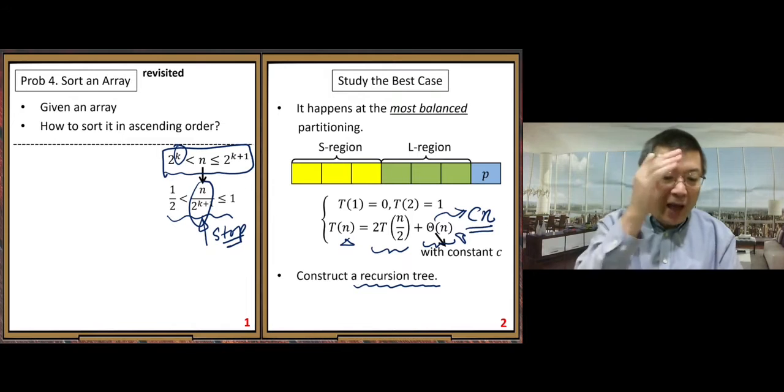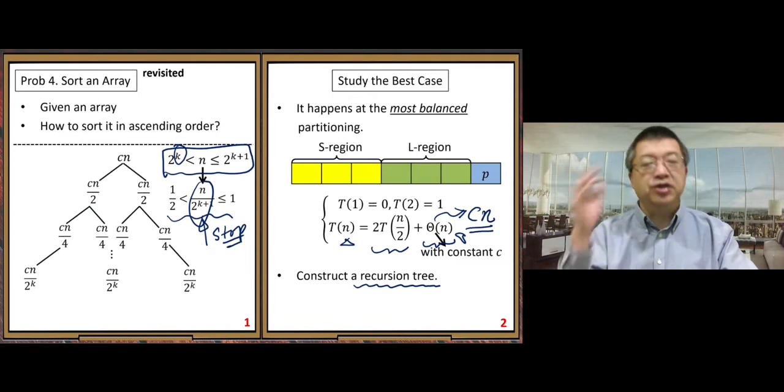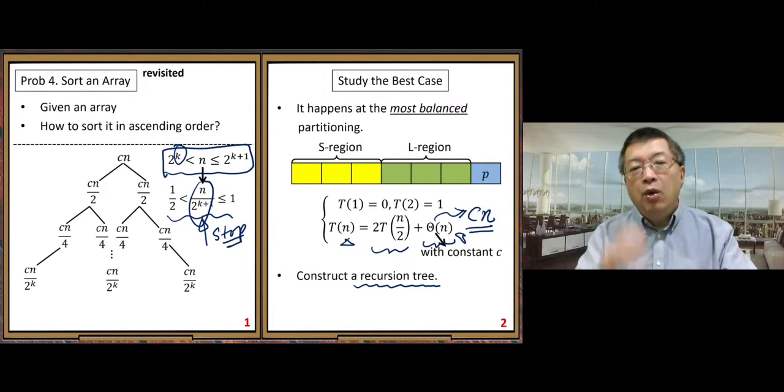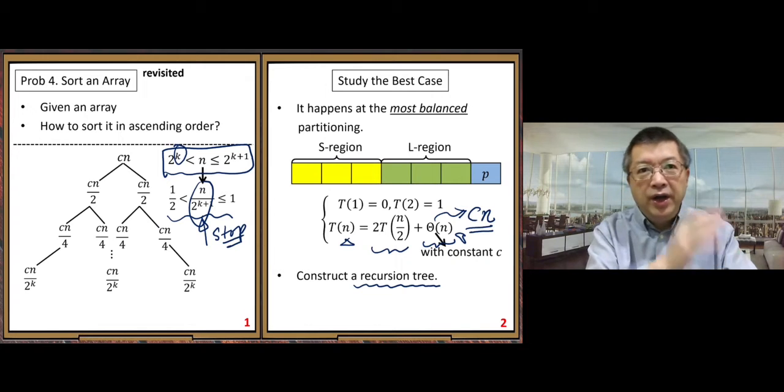Okay, with that, we can draw the recursion tree. Remember, when we draw here, we just accumulate the non-recursion cost.